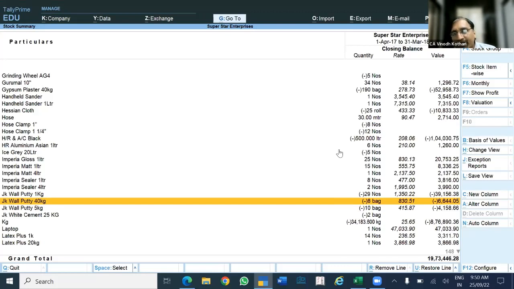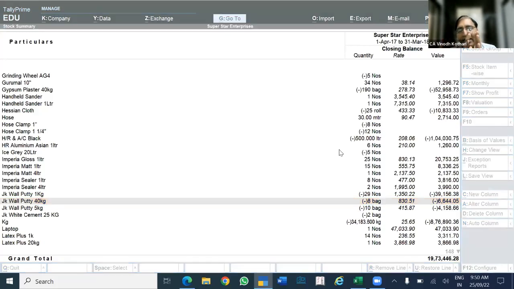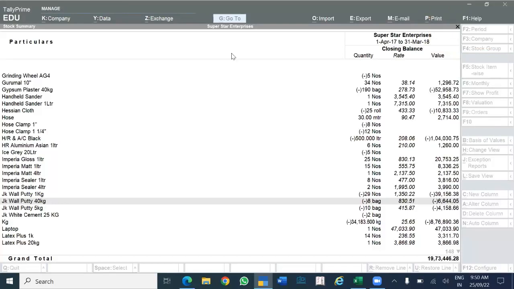Okay, is it clear? So three parts are there in any stock register. One is your quantity. What is the stock you are holding? Is this an opening balance or closing balance? This is a closing balance. So in Tally, you will find this closing balance also. In this, three data are available.